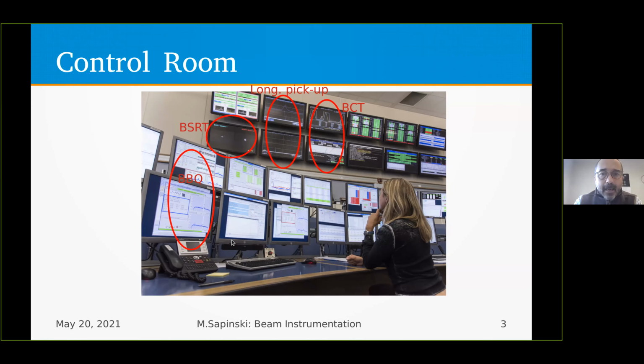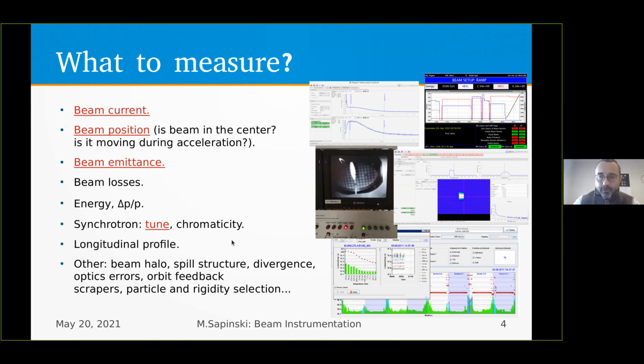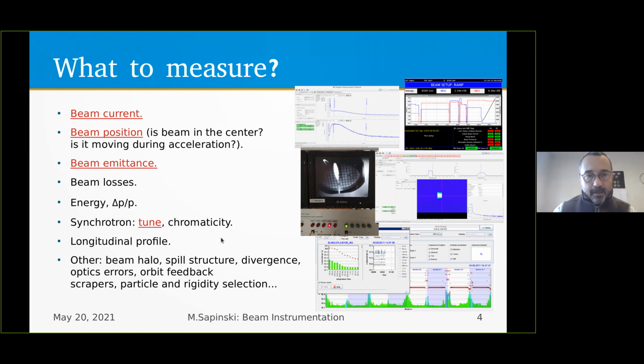On the next slide, the question is what to measure. You have these plots with various images that are seen in the control room by the operators from various laboratories. Of course, you measure the beam properties: the beam current, the beam position, the beam emittance, and then beam losses. You also measure beam energy. However, usually this is very well defined by the machine state in the synchrotron. In a cyclotron, it's fixed.